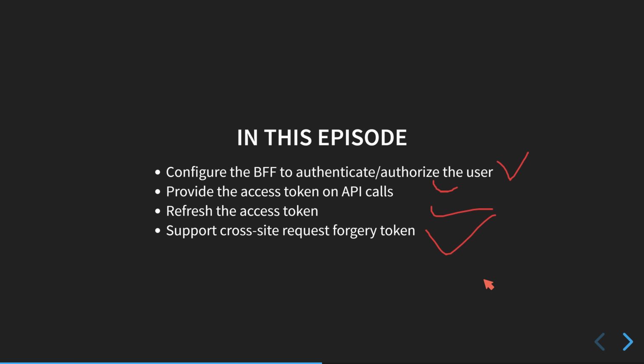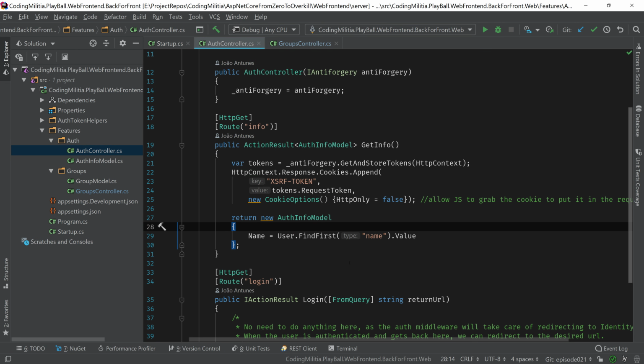Done. In the next episode we'll see the adaptations that were made on the front end for this, basically for cross-site request forgery, and to have the login part and securing the application. So that's about it for this one.